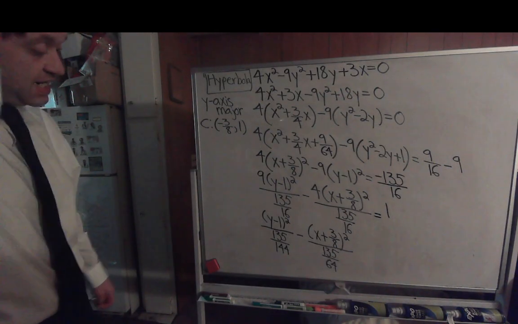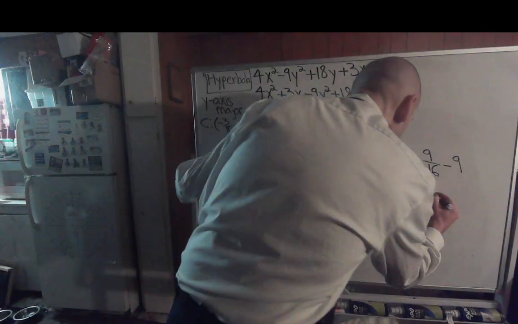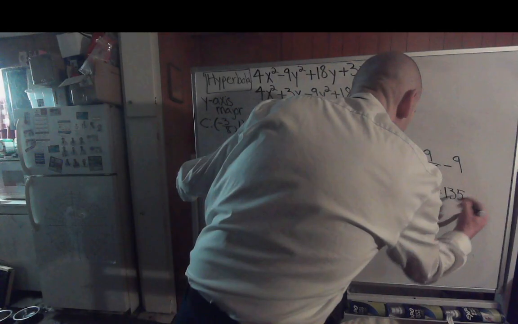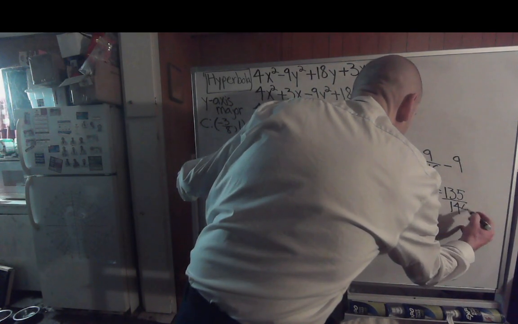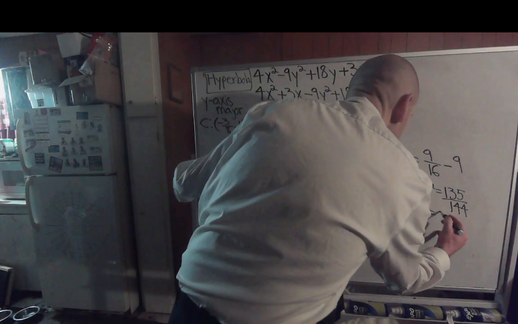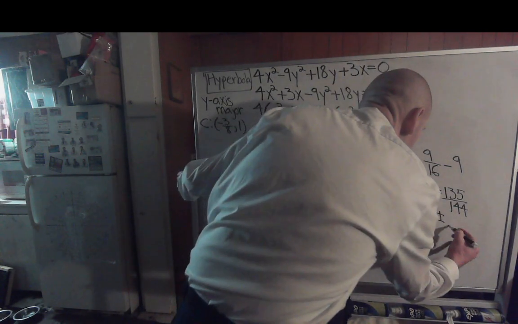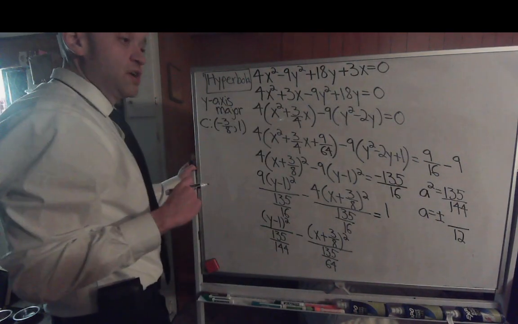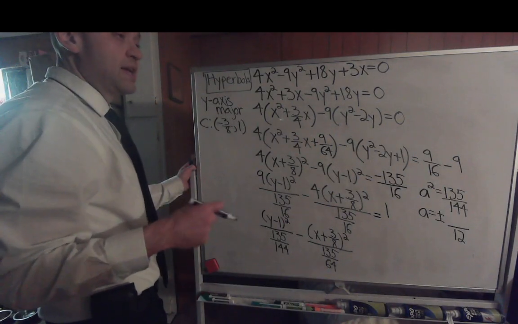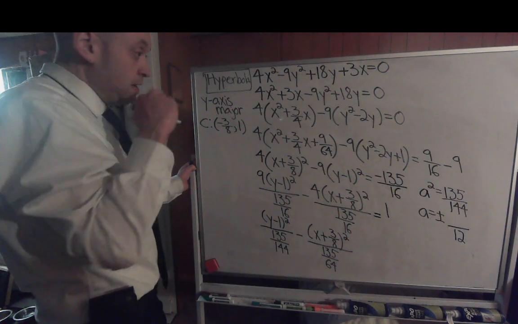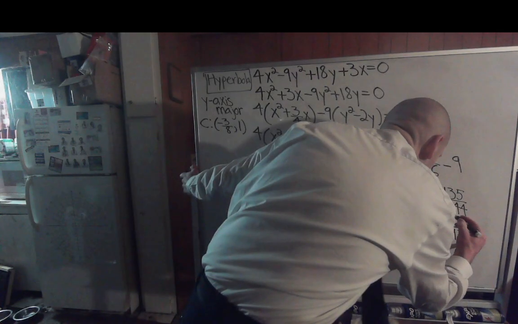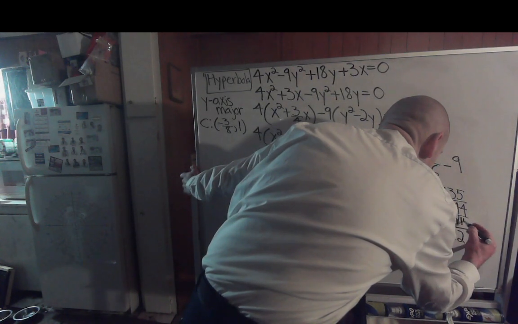Because we're going to have to take, okay, so a squared equals 135 over 144, which has to mean that a equals both plus and minus. We know the square root of 144 is 12. But the square root of 135 would actually break down into, so 15 times 9 is 135, plus and minus 3 times the square root of 15. That would break down into that.